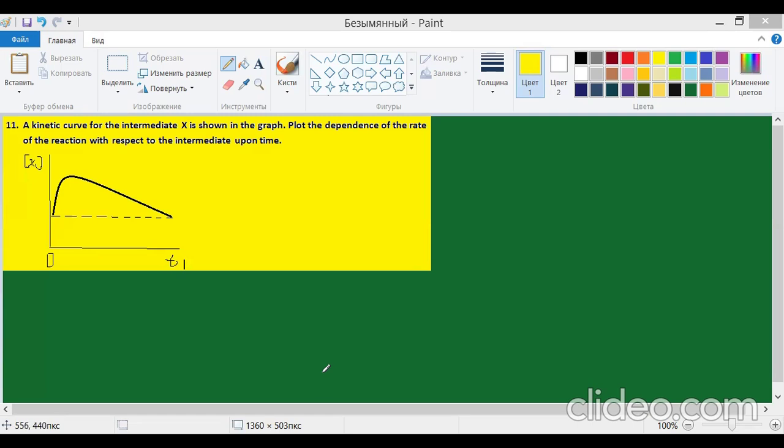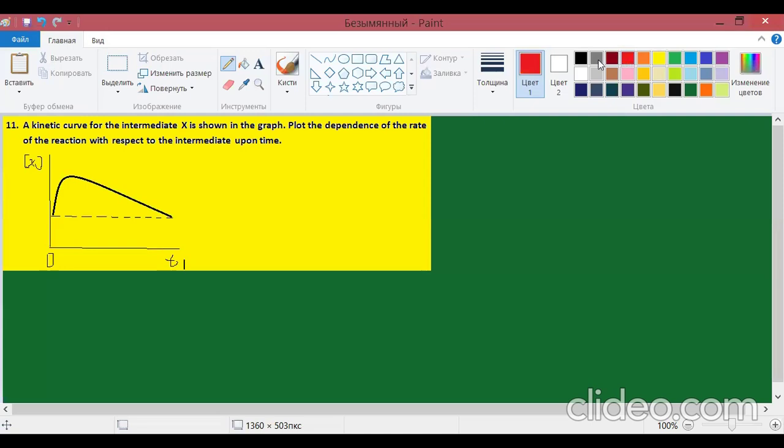In order to do this assignment correctly, we should recollect some important advanced mathematics rules and theorems before we continue. So we can see that this curve has a maximum, here. This is the maximum point of the concentration, right?